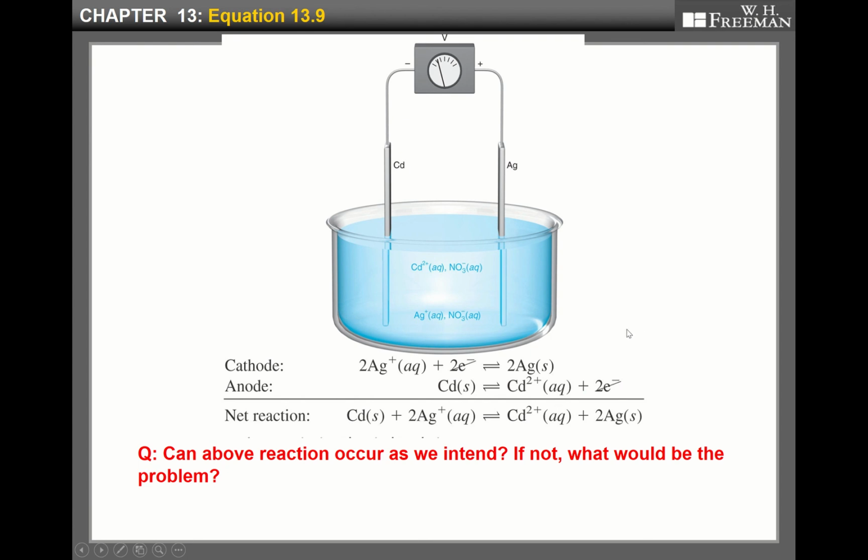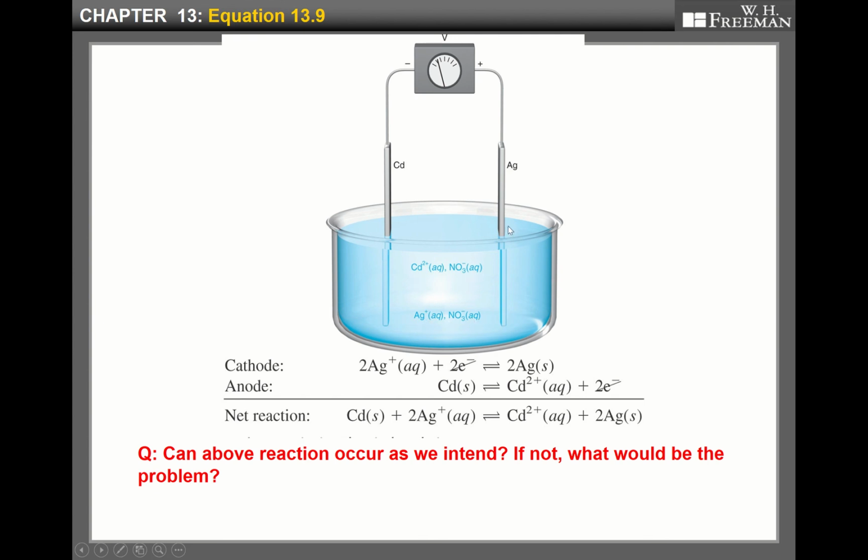Okay, and then let's consider this type of electrochemical cell. Here in this case, simply the silver ion is here, not silver chloride on the silver surface. And the solution contains cadmium ion, nitrate ion, silver ion, and nitrate ion.